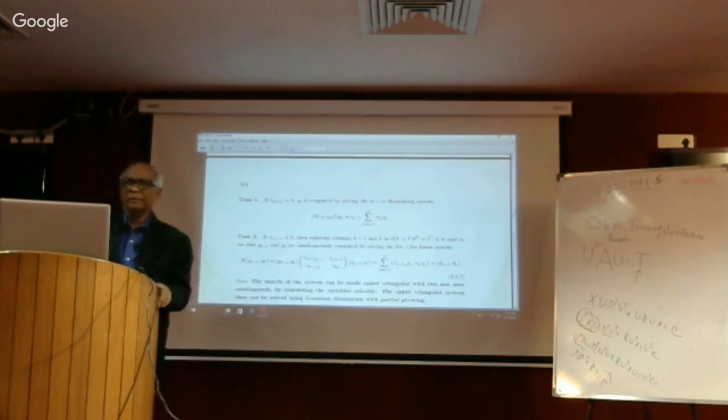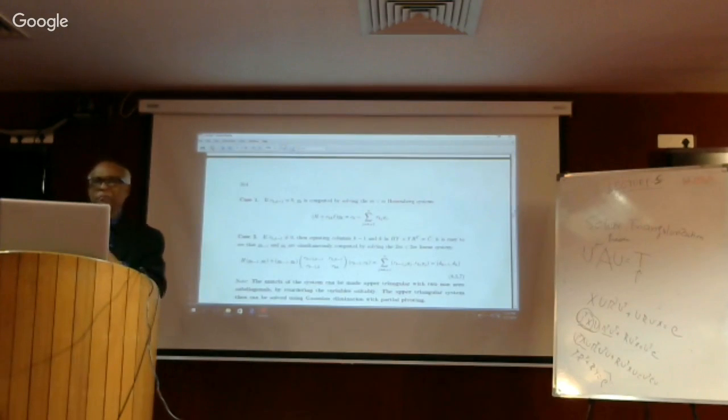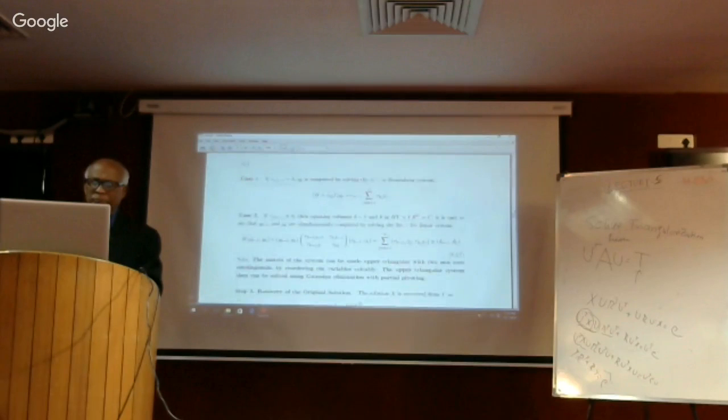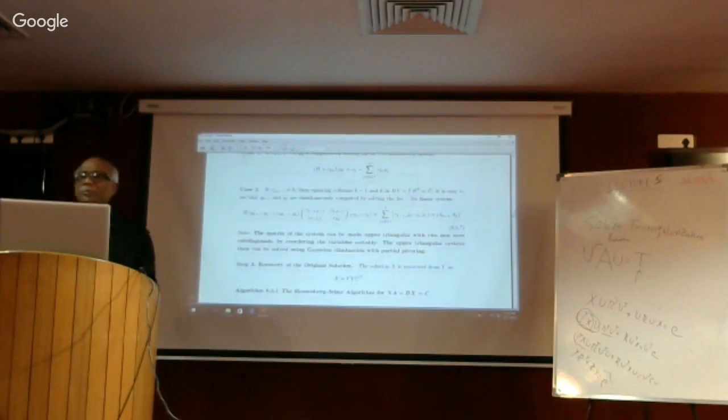And here XA plus BX equals C is solved by transforming A transpose to real Schur form and B to the Heisenberg form. The algorithm is called the Heisenberg-Schur algorithm. And of course, once you have the solution matrix Y, then you can recover X. That's it.